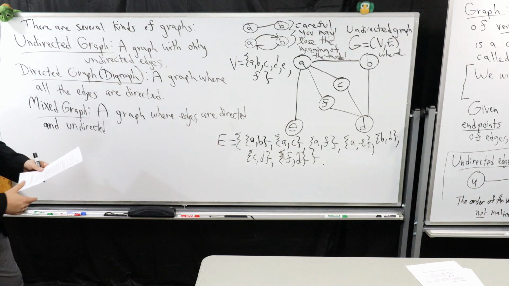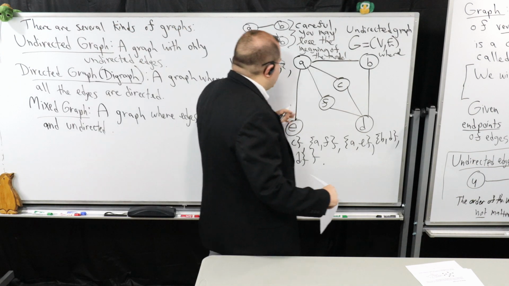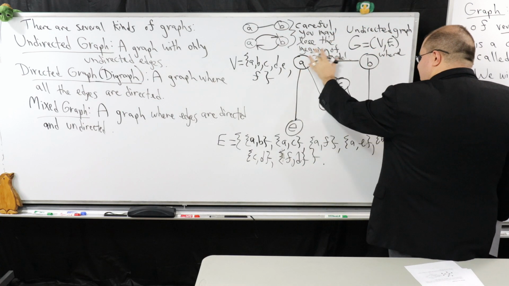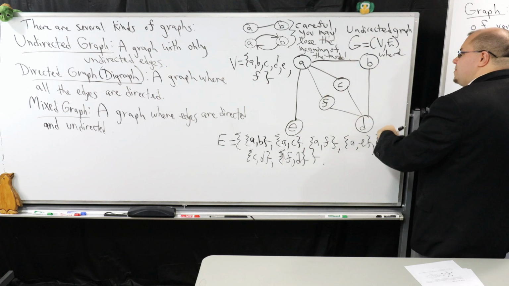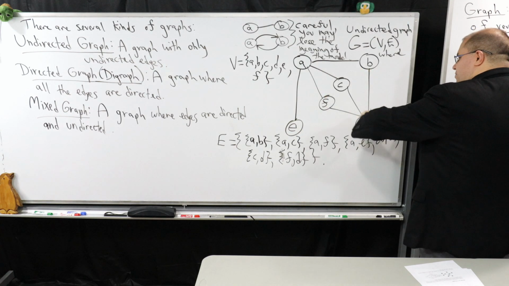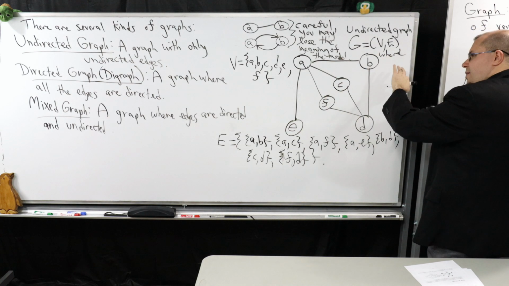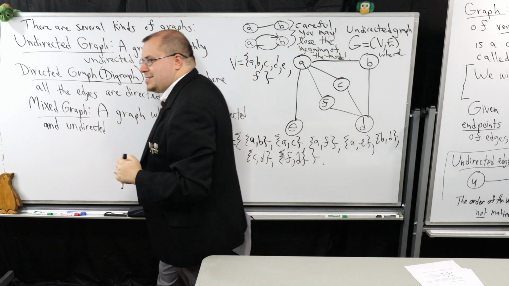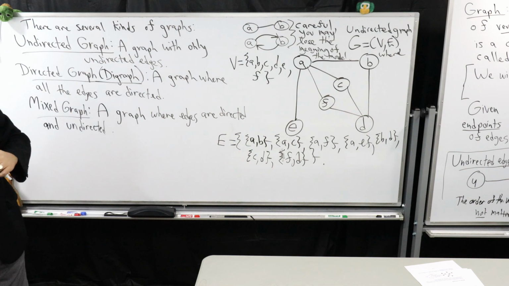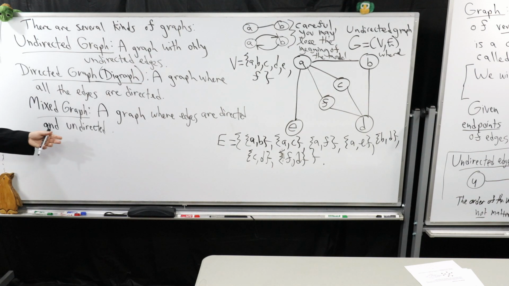So if you find yourself curious about this construction, take this picture in your spare time, take this graph, and turn it into a digraph by simply replacing each of these undirected edges with a pair of directed edges. If you ever find yourself saying, oh shucks, I need to give you a digraph, but I have an undirected graph, that's an easy way you can convert it over.